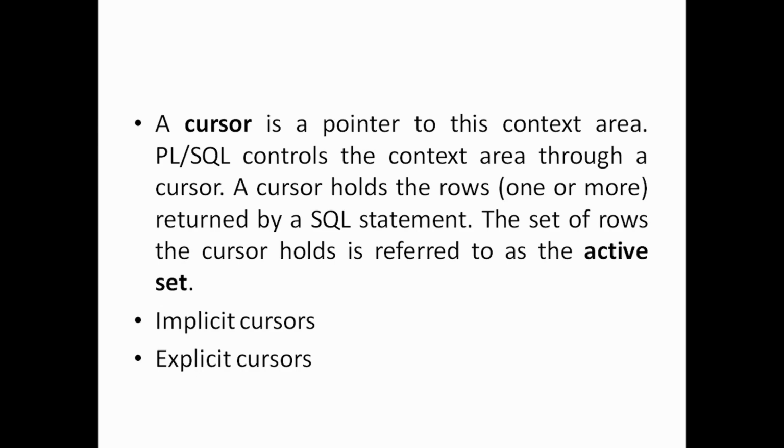If I am referring to some parameters, they have to be pointed to, and that pointer is called a cursor. Whenever SQL statements or a programming language executes, we need cursor pointers.